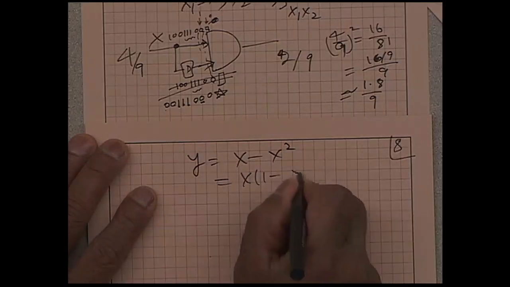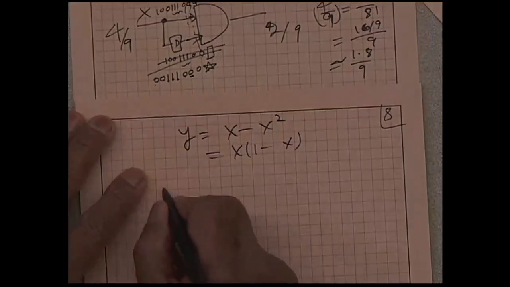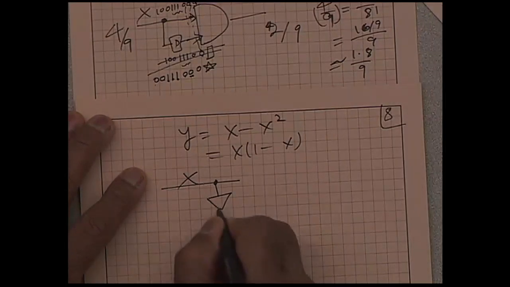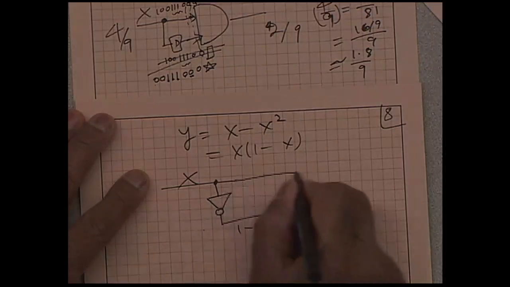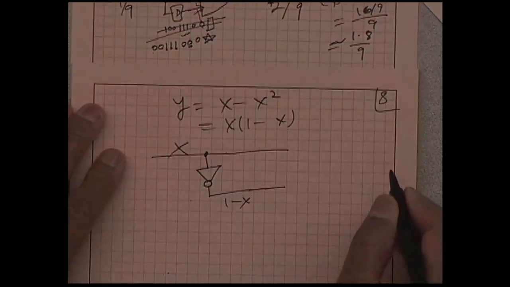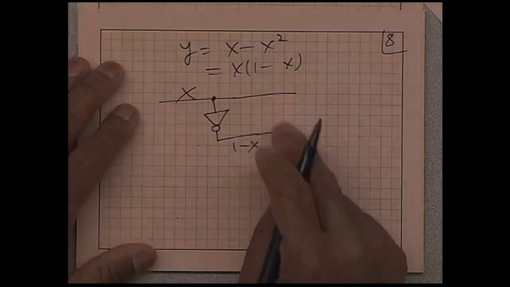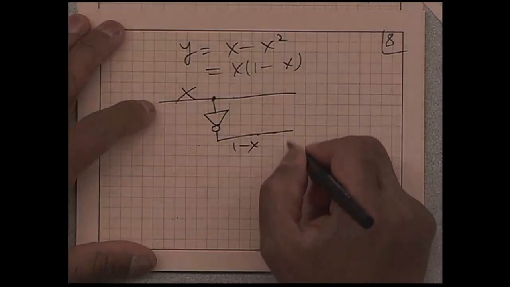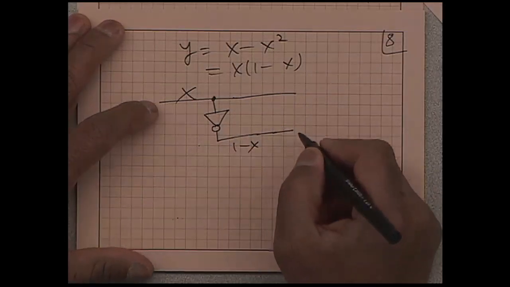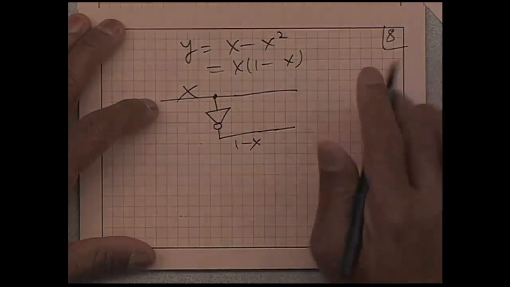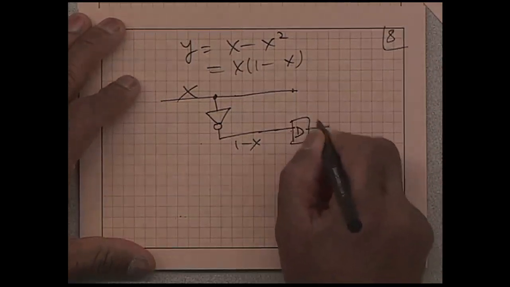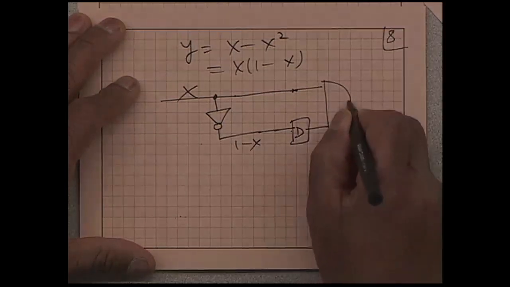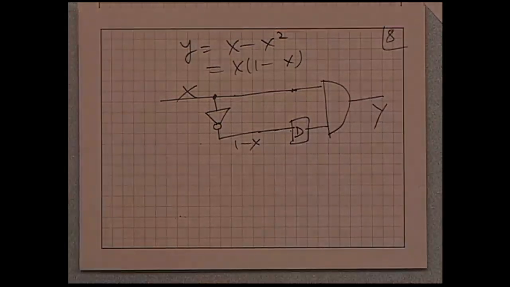So this is x times 1 minus x, and I can implement that as x, take an inverter, which is 1 minus x, and then, by the way, if I just feed these to an AND gate to compute x times 1 minus x, the result will be 0, always 0. Because if this is 0, this is 1. If this is 1, this is 0. So you need to decorrelate, make them independent, and then put them into an AND gate. That's going to be y. So it will compute what we need in the expected sense.